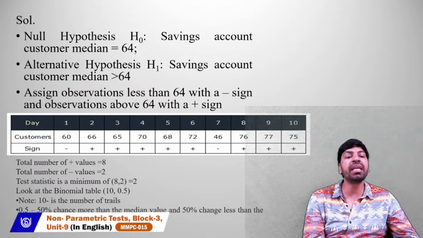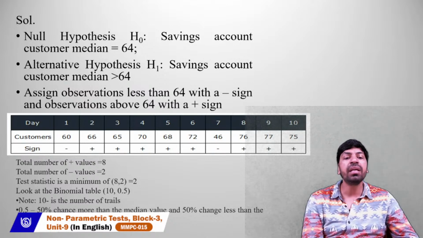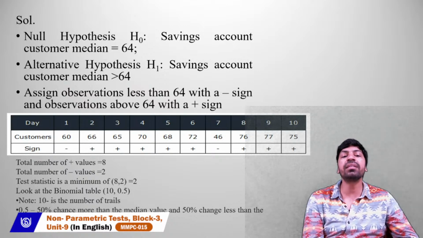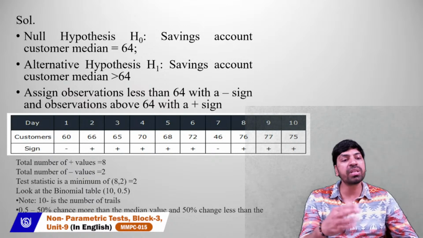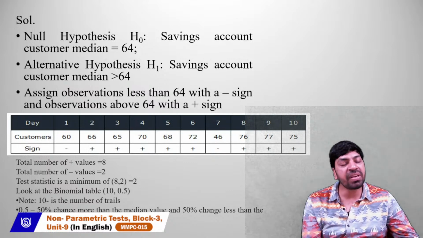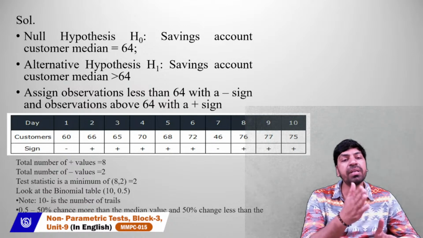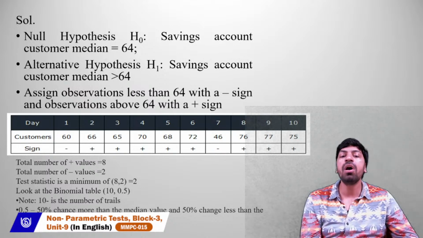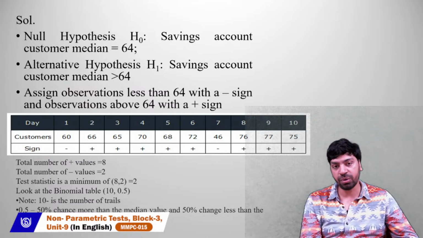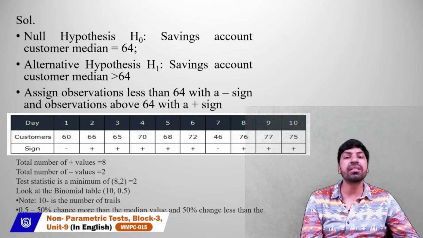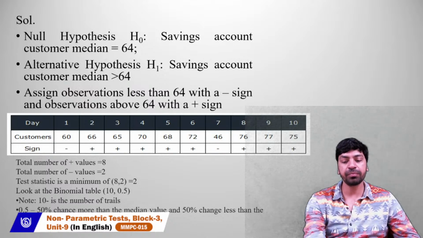So we have a significance level of 0.5 with n of 10. Here 10 is the total number of trials, or days, and 0.5 means a 50% chance that the value could be more than 64 or less than 64. That's the probability of 0.50.